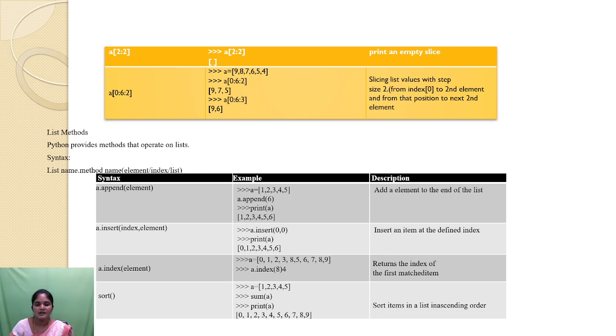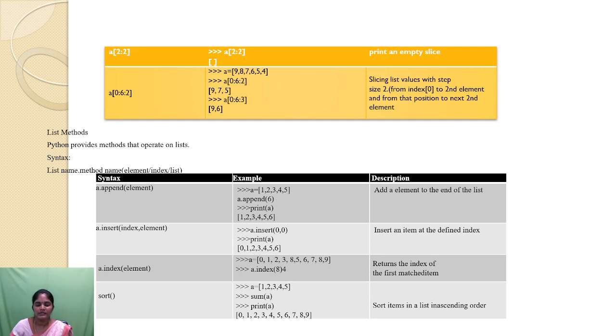The last example is where I give 3 parameters: 0, 6 and 2. The 0 is the starting index and 6 is the ending index. Ending index 6 normally means 6 minus 1, so it carries only up to 5. So 0 to 5, then colon 2.